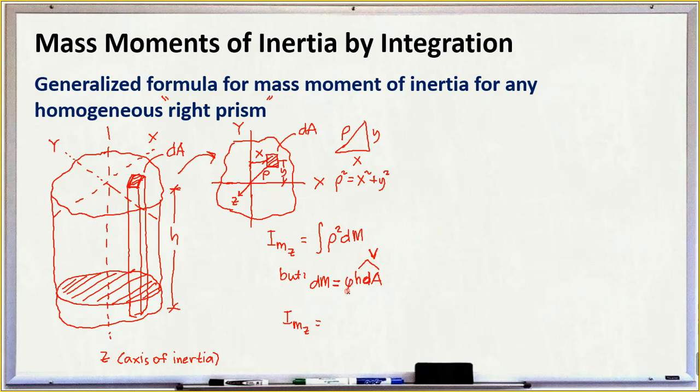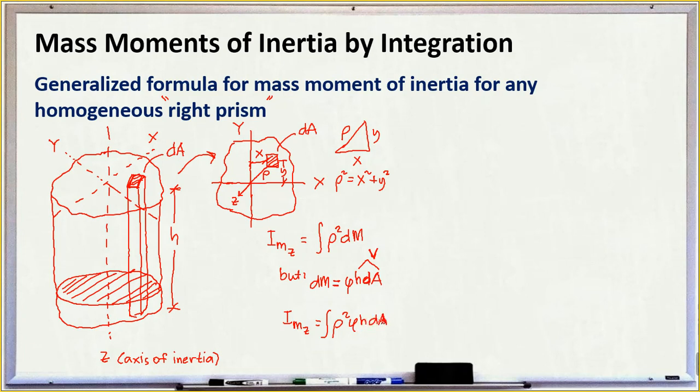So plugging in these variables, we have rho squared, the mass is gamma times the height, then the differential area.